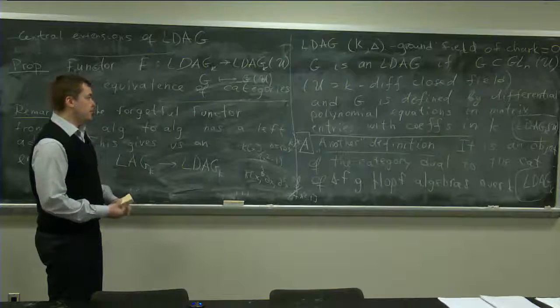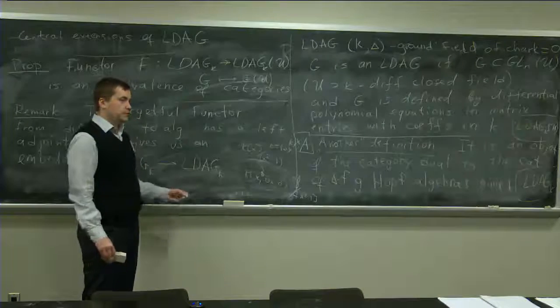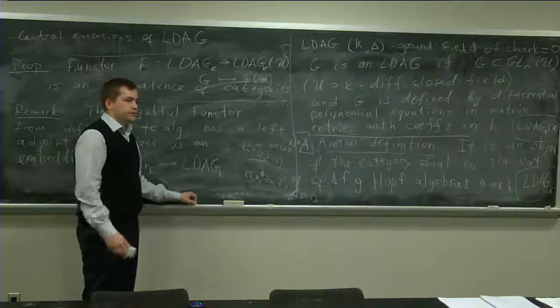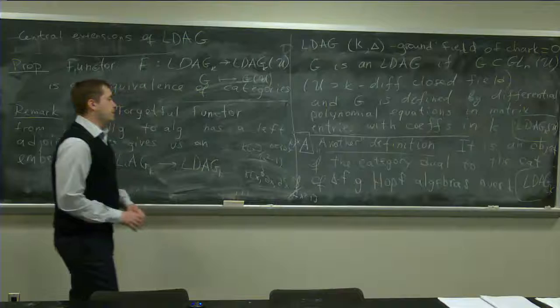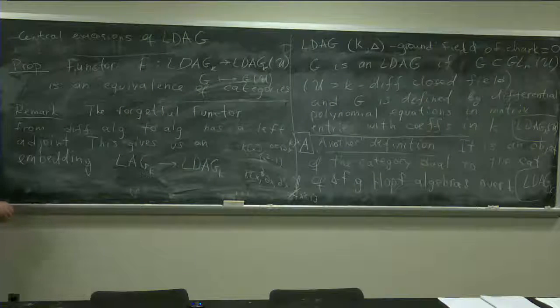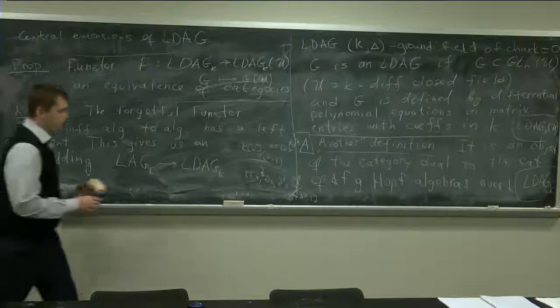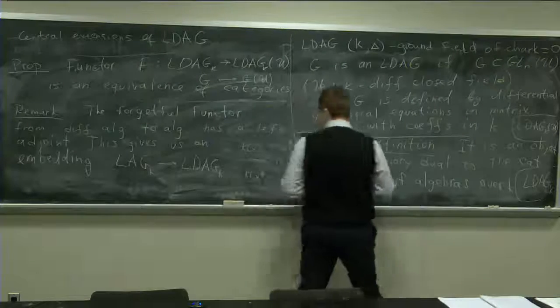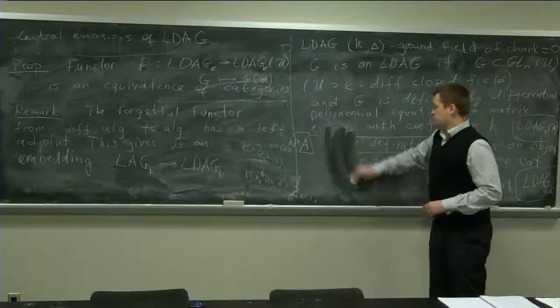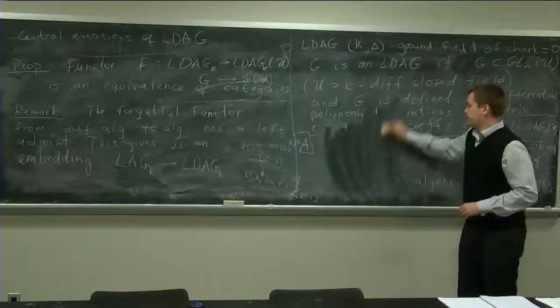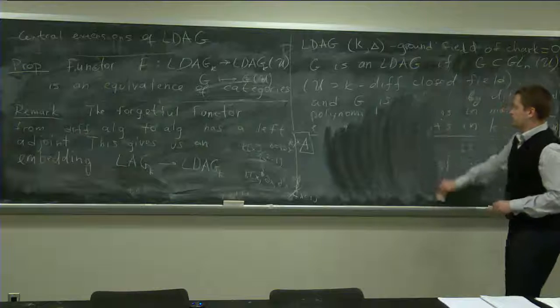But I will later assume for safety that the characteristic of k is 0, because I will use some results which require it. I'm trying to avoid this problem in the paper which I'm writing. This is one of the interesting cases, what happens in the case of positive characteristic. But today we will not consider this case.